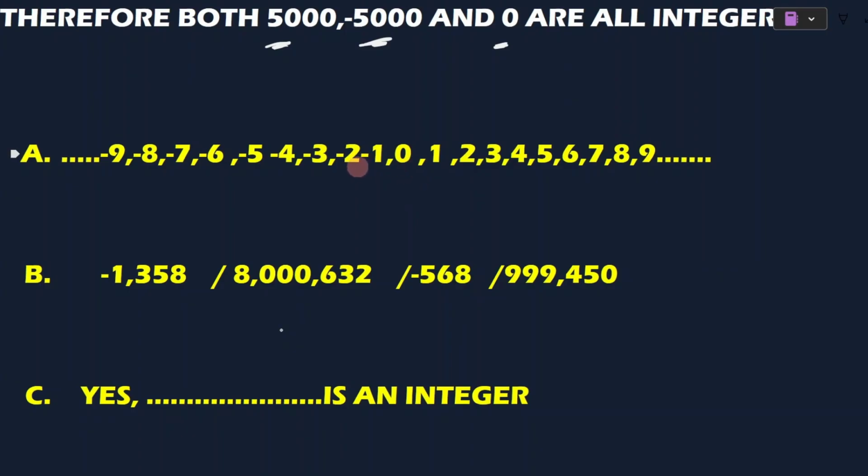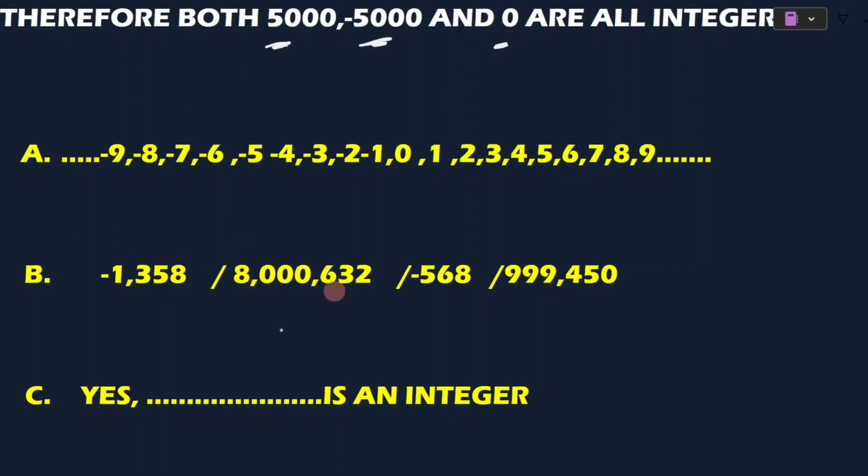Likewise, at the left hand side of the 0 we have negative 1, negative 2, negative 3, negative 4, negative 5, and so on, and they are also integers. If you look at the second example B, we have negative 1,358, which is also an integer, though it's a negative integer. Also we have 8,632.